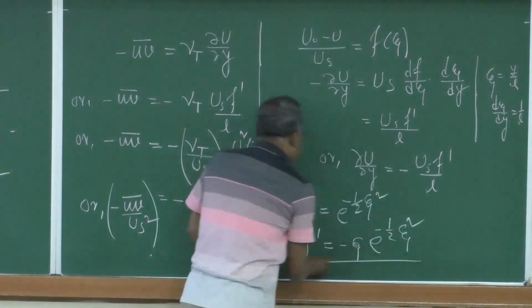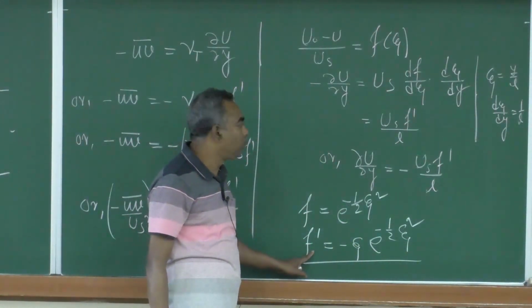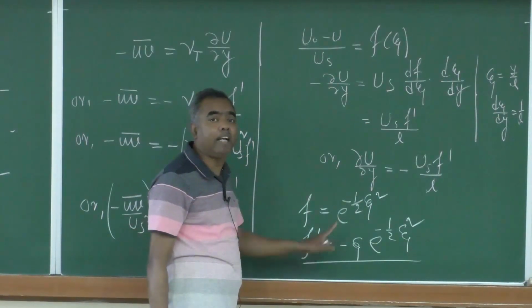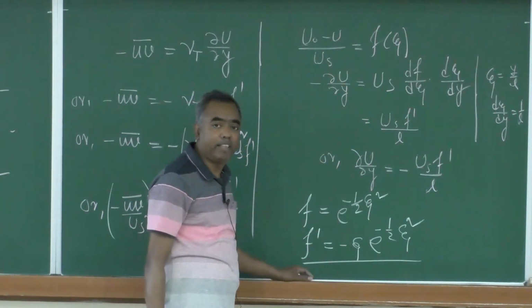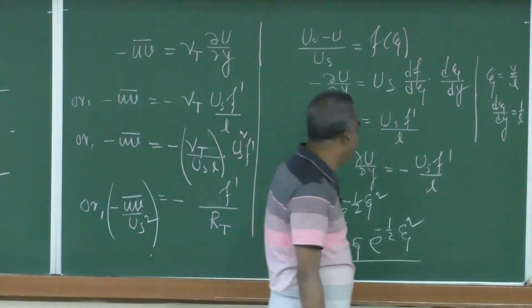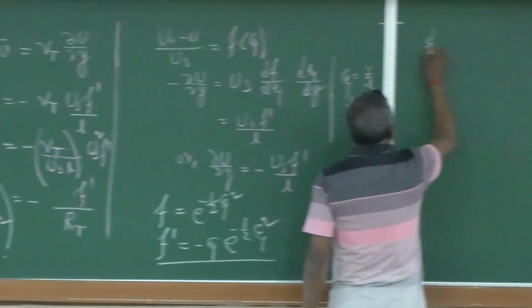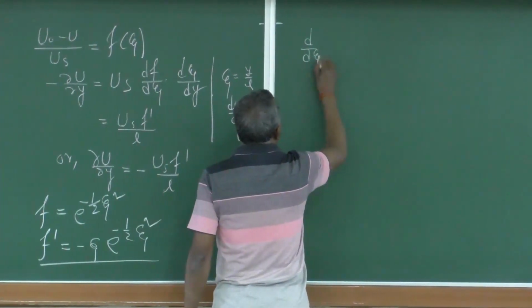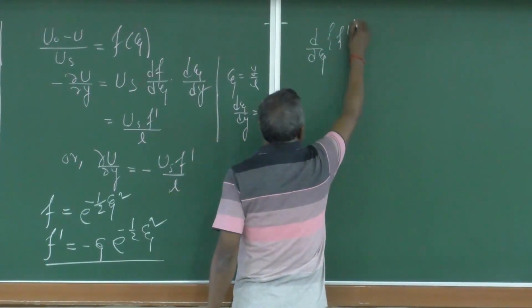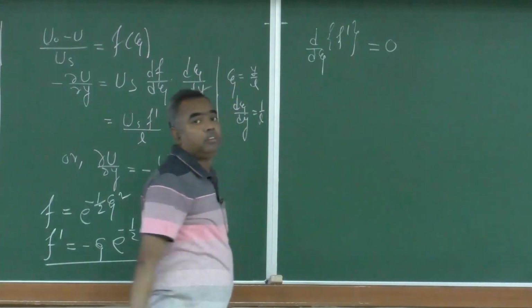Now, where is it going to be maximum? To find where f prime is going to be maximum, we have to take the derivative of this quantity, f prime, and make it equal to 0 for maximization.